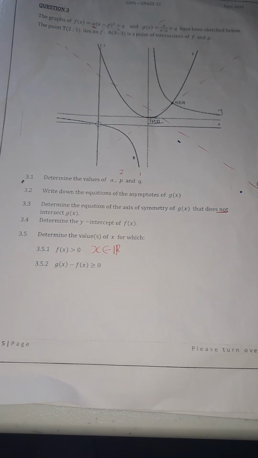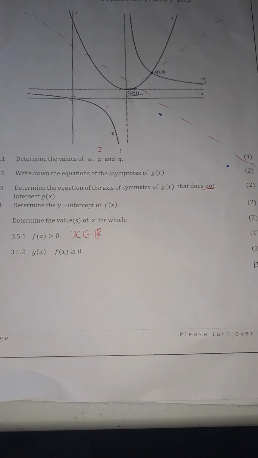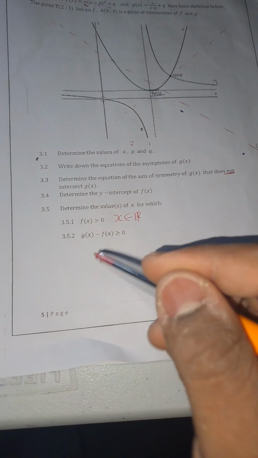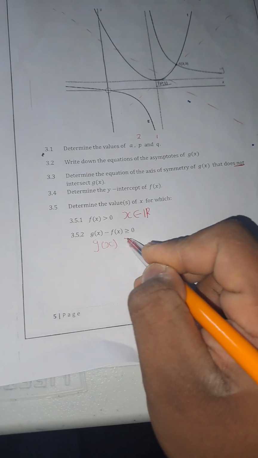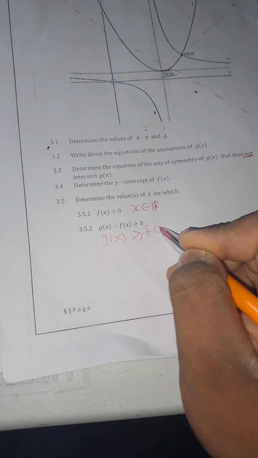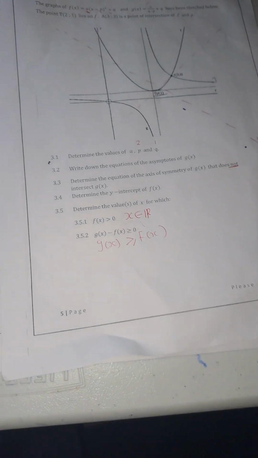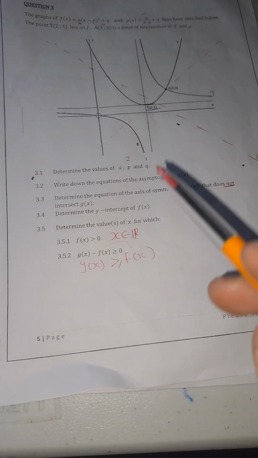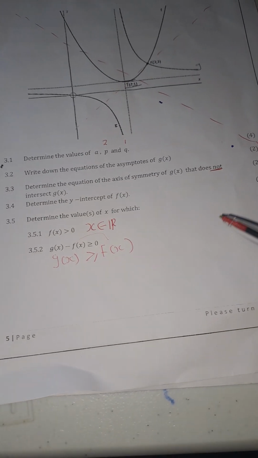Now they are saying g of x minus f of x greater than 0. So you will have to solve g of x greater than or equal to f of x. You simply transpose this negative f of x to the other side. Now it is where your g of x is greater than f of x, or above.